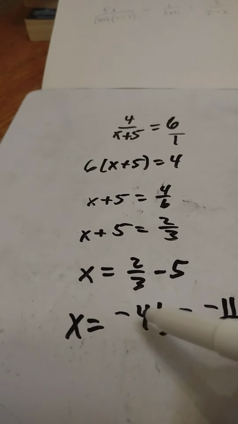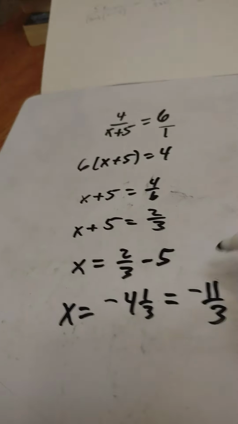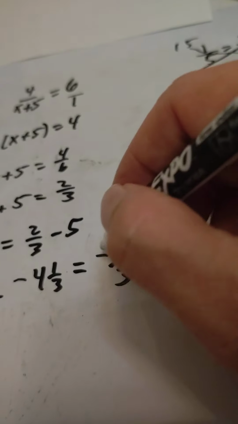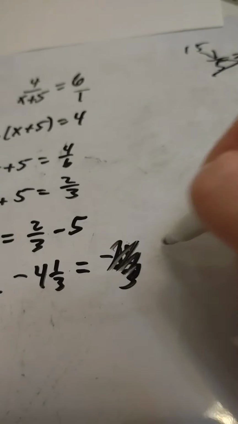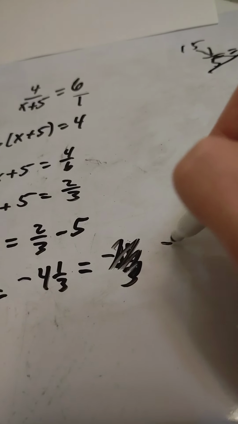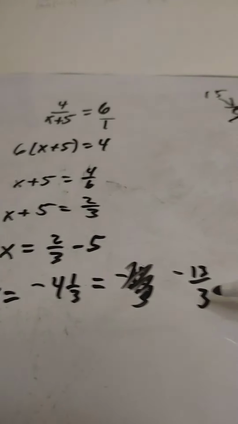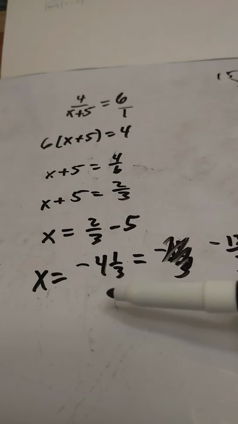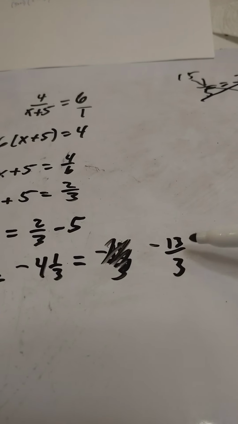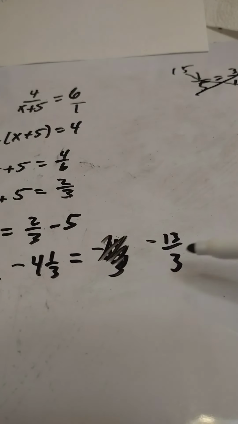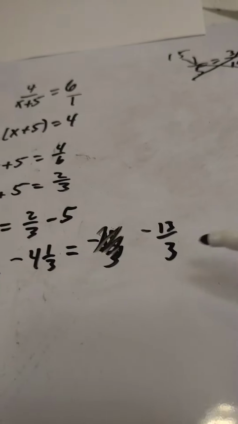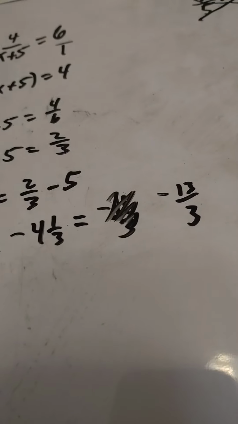See, 3 times 4 is 12 plus 1 is 13. So let me make this negative 13 over 3. Wow, that was interesting. Okay, and then notice that is the same thing as negative 4 1/3, because 3 goes into negative 13 negative 4 times with 1 left over. So yeah. Okay.